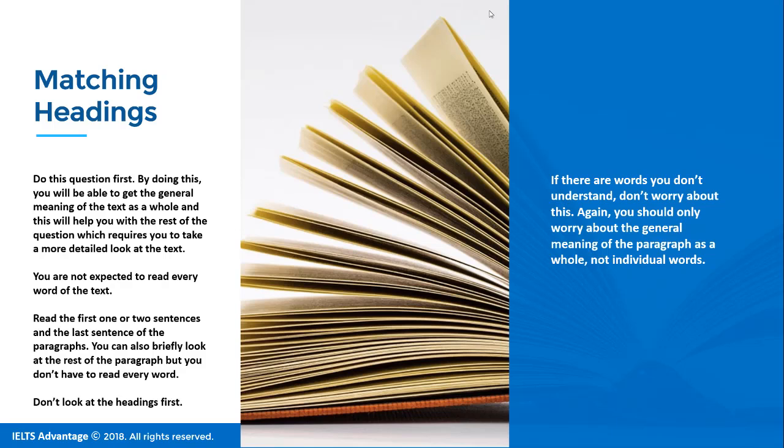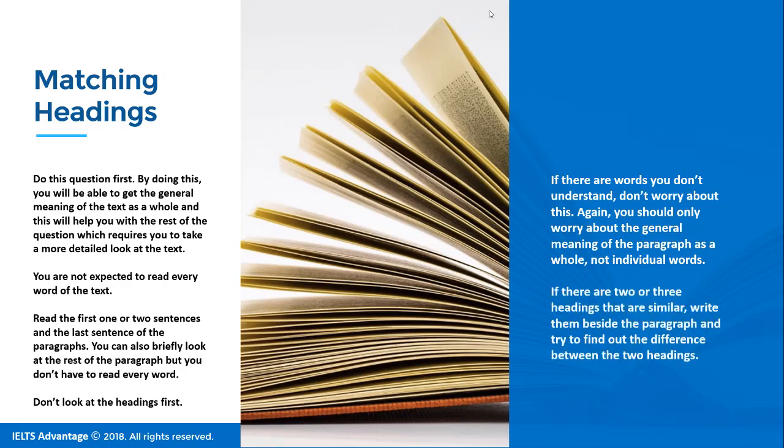I've worked with some students and they see this type of question and they see one word they don't understand. They're like, oh, I don't know anything about this paragraph. It's like, you don't need to understand every single word in a paragraph to understand the general meaning. If there are 2 or 3 headings that are similar, write them beside each other, beside the paragraph, and try to find out the difference if you have time to do that. If you still can't decide which one suits best, move on and come back later.